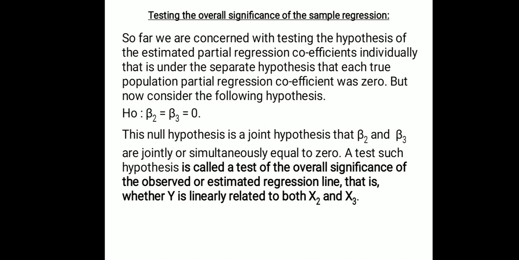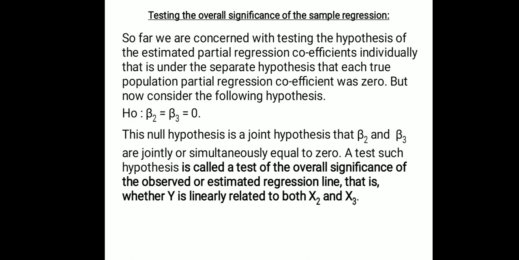But now consider the null hypothesis beta 2 equal to beta 3 equal to 0. In the previous example, while applying the t-test, we used beta 2 equal to 0 versus the alternative hypothesis that beta 2 is greater than 0, less than 0, or not equal to 0. But in this case, we consider beta 2 equal to beta 3 equal to 0, in the sense that both factors are simultaneously influencing the dependent factor.